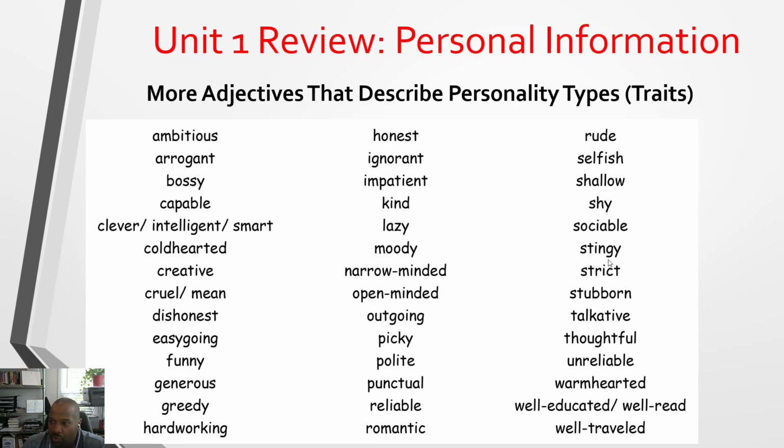That's one that most people might not know off the top of their heads. However, we see words like hard-working, and cold-hearted, and that pretty much tells us what that type of trait is. But maybe narrow-minded you might not know.